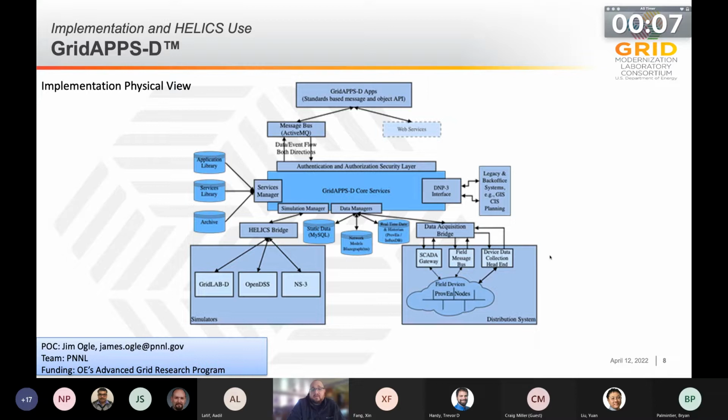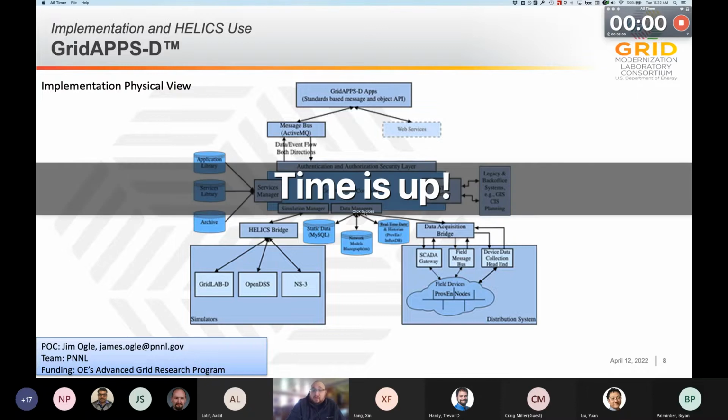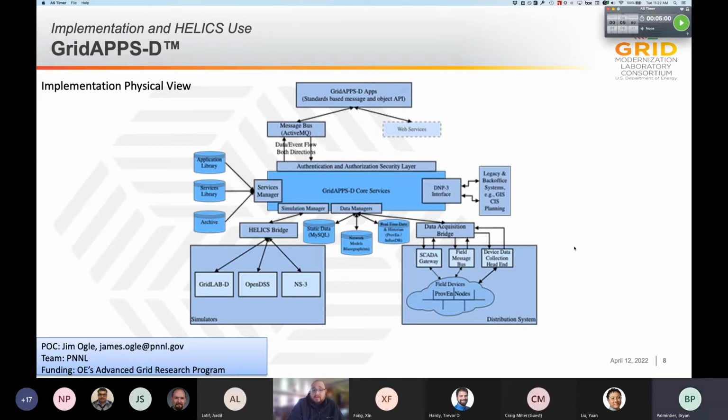The SIM is the physical representation of the distribution system, and ideally will eventually also contain the communication network of the system, so that we can have things like NS3 and simulate the communication as well as the physical distribution system.